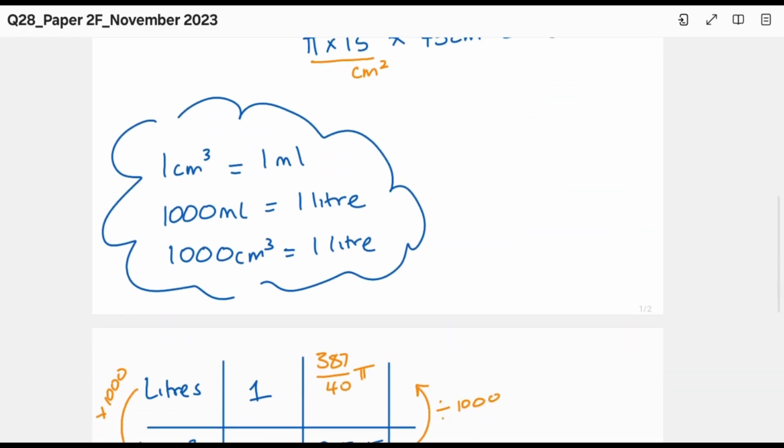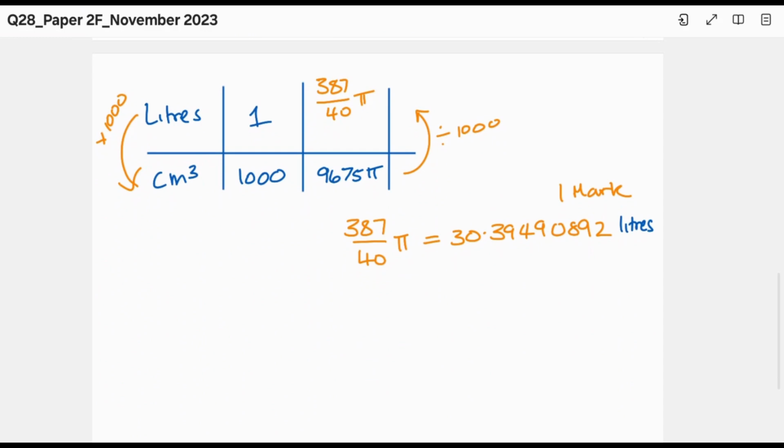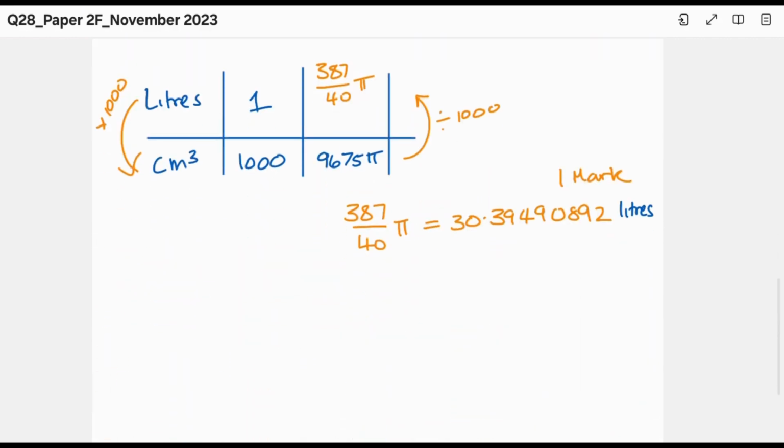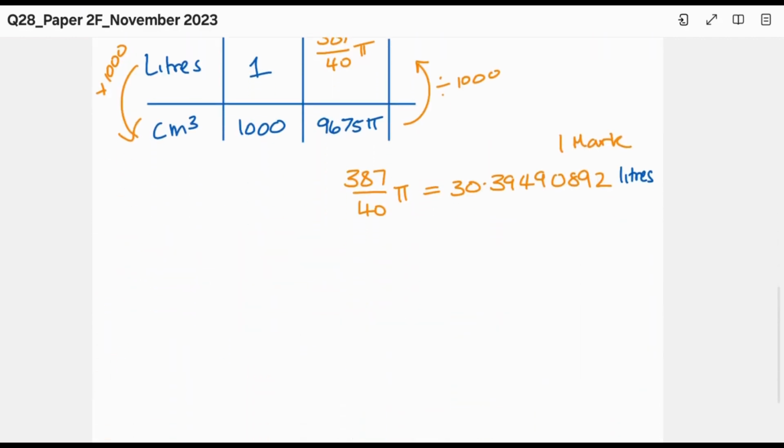And we're trying to fill a space that's 30.3949092 liters. So in order to fill our tank, we need 30 and a bit liters. And we know that in 1 minute, we can only fill 0.47 liters. So how long would it take to fill the tank? I'm going to use another table to figure that out. This time on my table, I'm going to have time, and then I'm going to have volume.